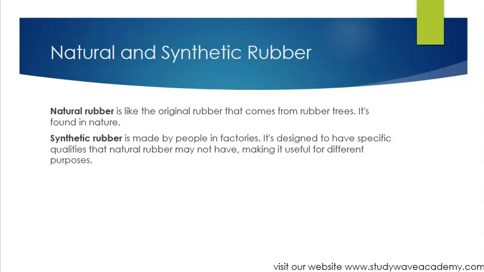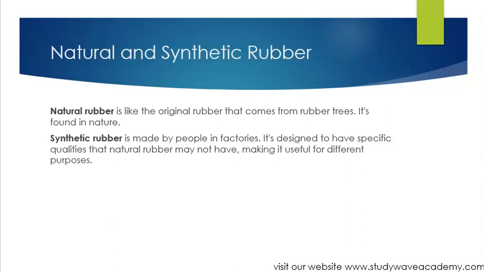So natural rubber comes from rubber trees. It's like the rubber you find in a tree's sap. It's found in nature, and synthetic rubber is made in a lab using chemicals. It's used when we need rubber with specific properties.